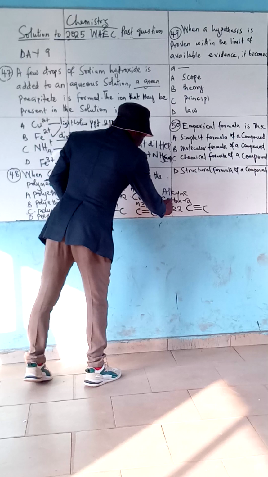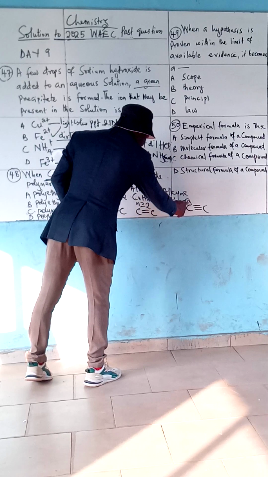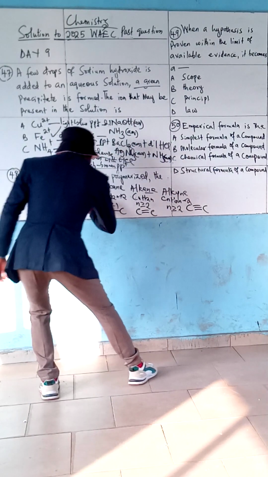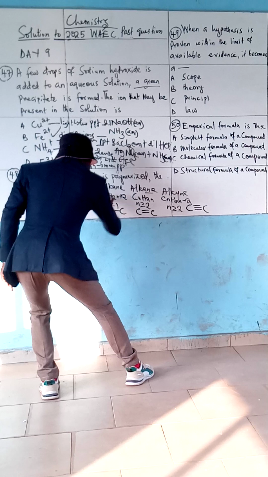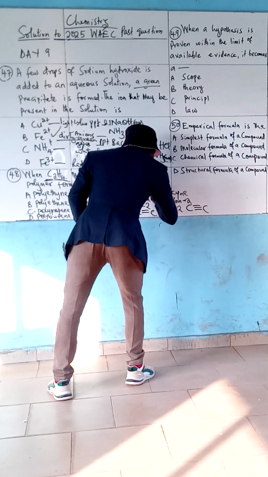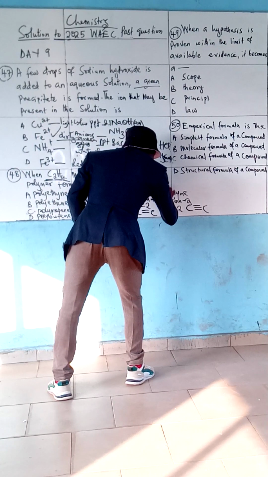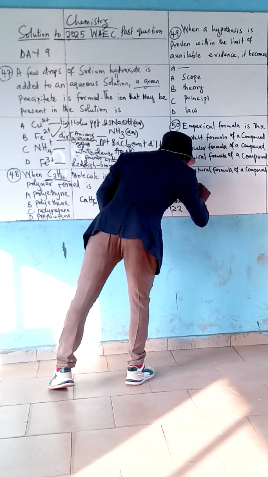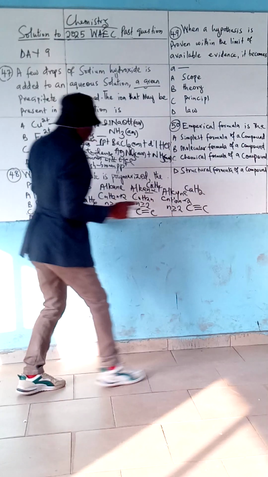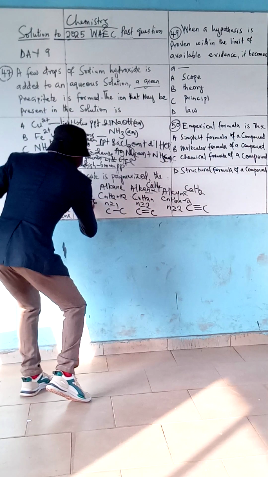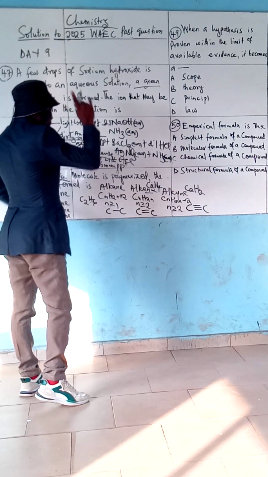If you bring the C2, 2 times 2 is 4 minus 2 will give you C2H2. So here we have C2H6. We have C2H4. Here you have C2H2. So this is an ethene. Eth means 2.